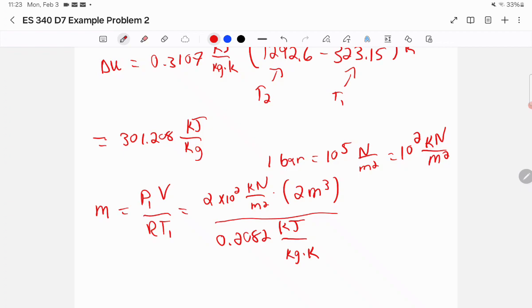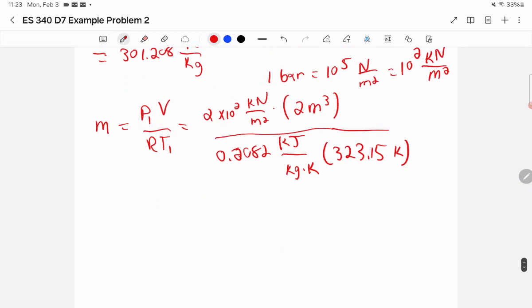That was our R value for argon, times 323.15 Kelvin. And if we work this all out, it comes out to be about 5.9453 kilograms.